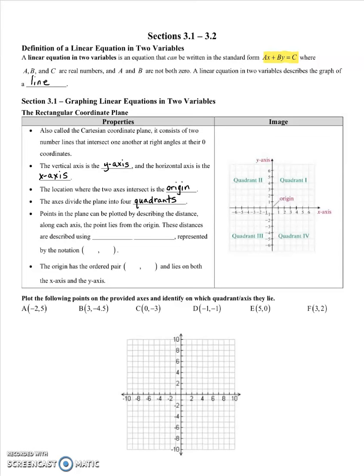So the top left is quadrant 2, bottom left is quadrant 3, and bottom right is quadrant 4. So every point in that plane is described by the distance along each axis that the point lies from the origin.